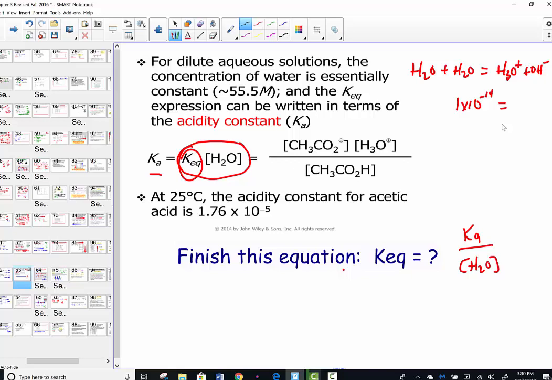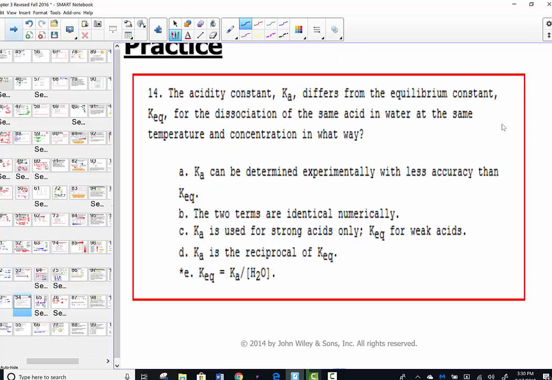I say this because sometimes I see test questions populate in your multiple choice in Canvas, and it asks you to reflect upon that very definition. So Ka is different than Keq. Keq is not the same as Ka, but it's a derivation from the equilibrium constant. How do we derive Keq?